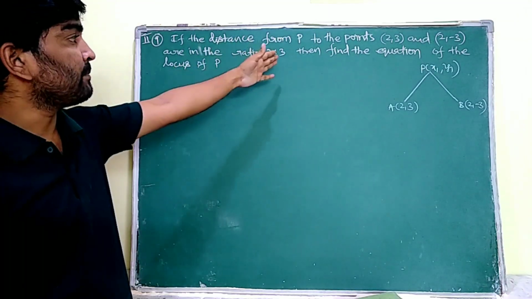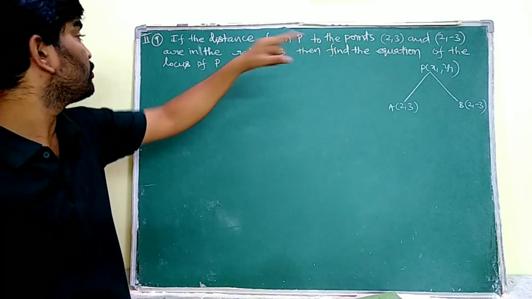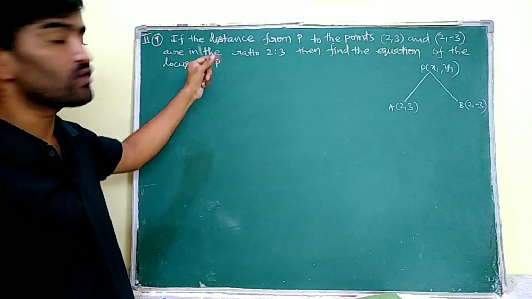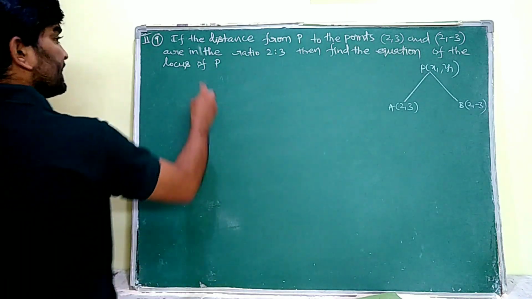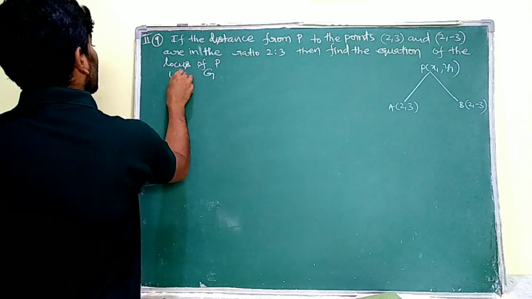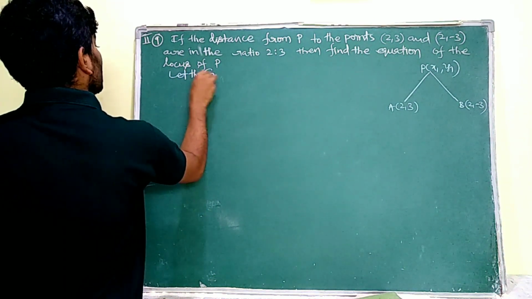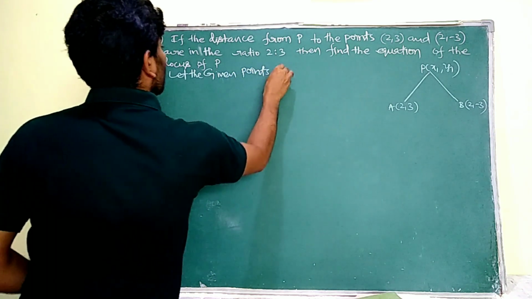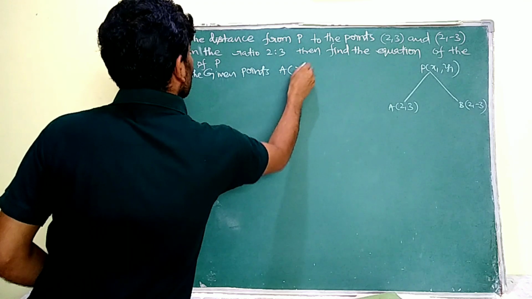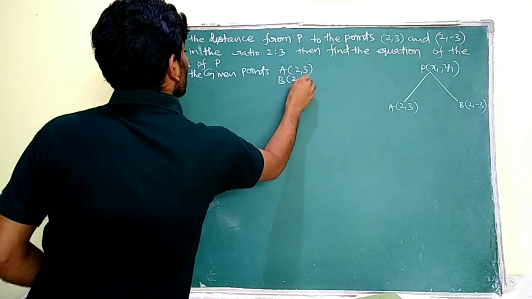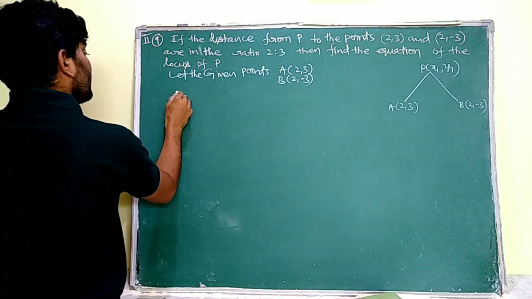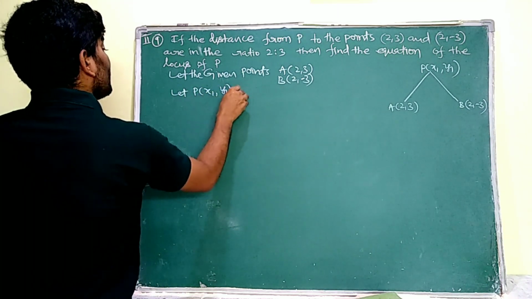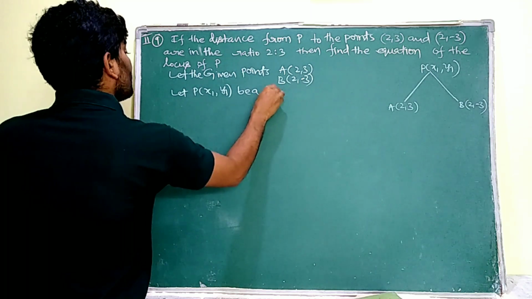If the distance from P to the points (2, 3) and (2, minus 3) are in the ratio 2:3, then find the equation of the locus of P is asked. Firstly, write the given points. Let the given points be A (2, 3), B (2, minus 3). Let P (x1, y1) be a point on the locus.